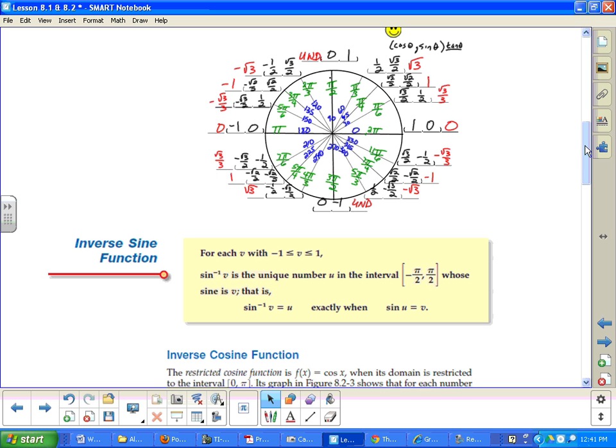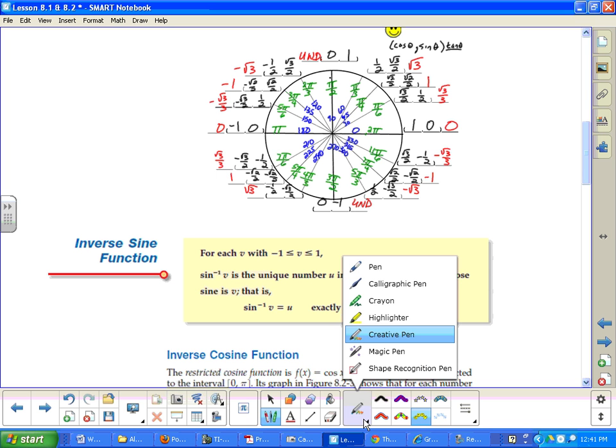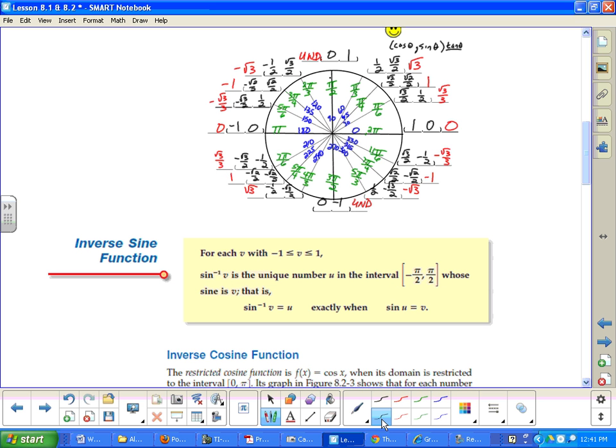So for sine, if we look at all of our stuff here for just a second, here's cosine, sine, and tangent.